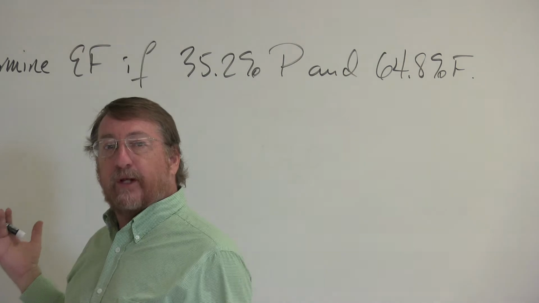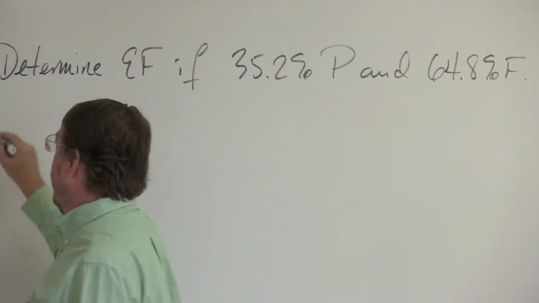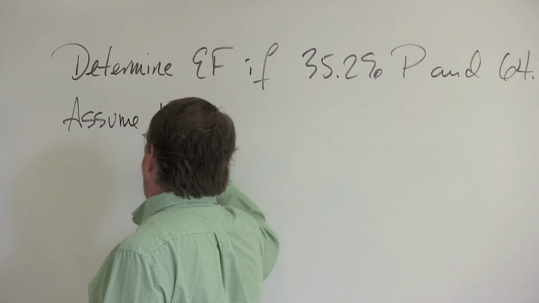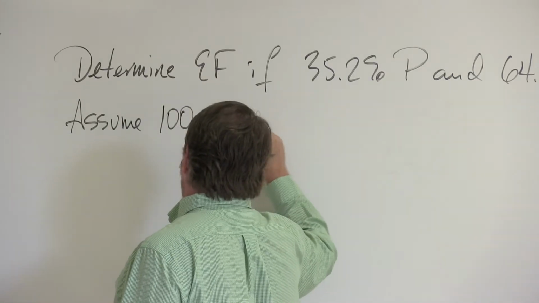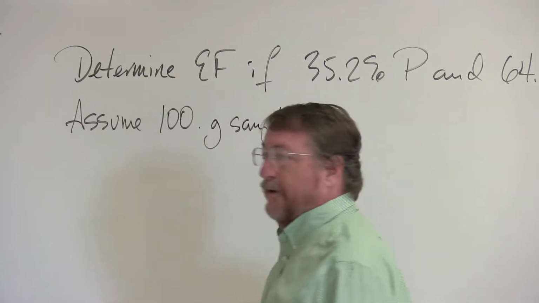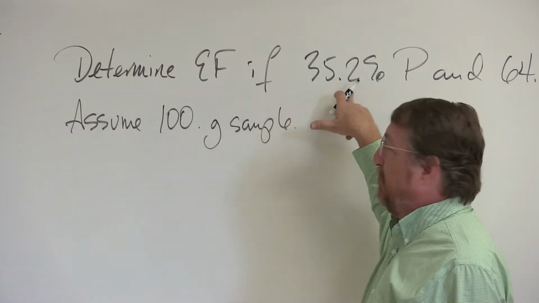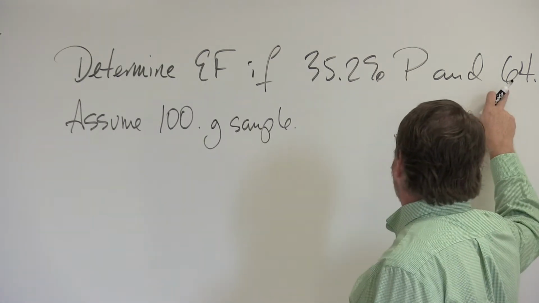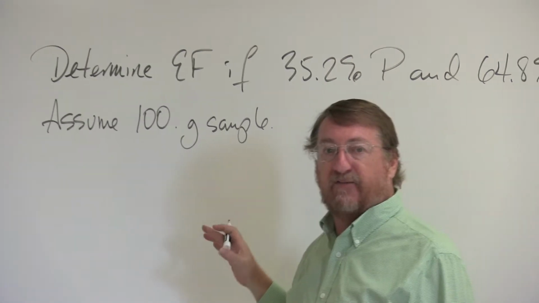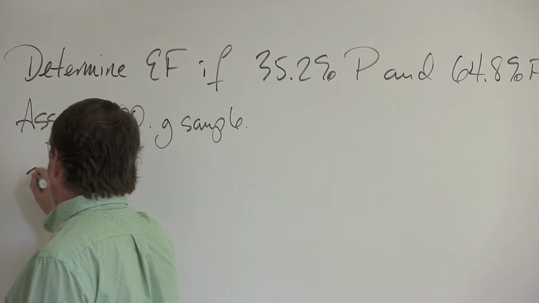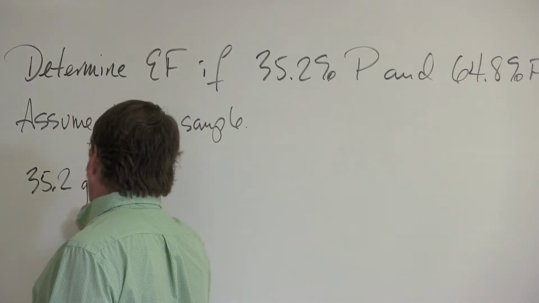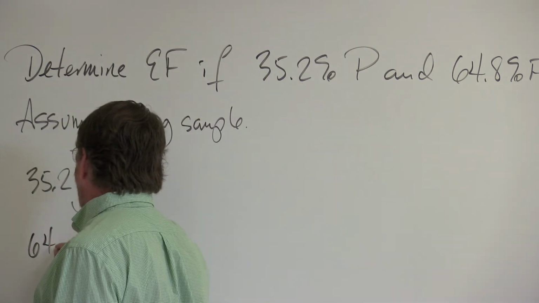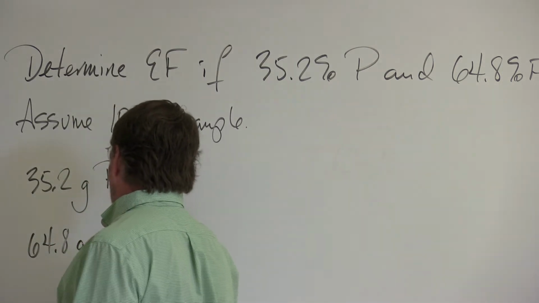What you're going to do is assume a 100-gram sample. If we have a 100-gram sample, then 35.2 grams of that 100 grams is phosphorus, and 64.8 grams is fluorine. So let's take 35.2 grams, which is phosphorus, and right underneath it we'll put 64.8 grams, which is fluorine.